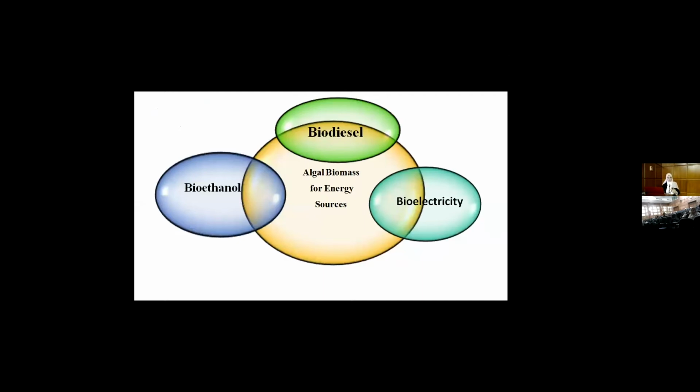The second potentiality of the algal product was extracting oil to produce biodiesel, and bioelectricity using the biofuel cells, and the bioethanol is produced by fermentation.